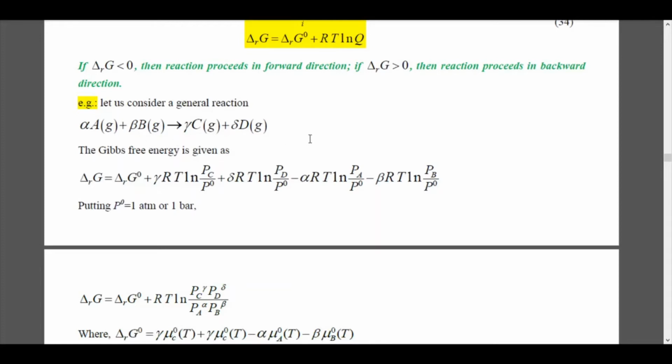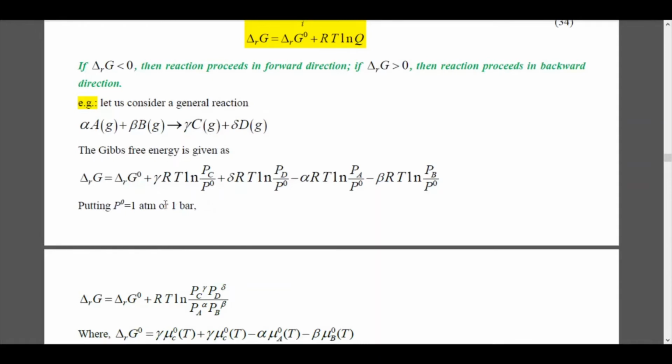All are in gaseous states. Now the stoichiometric coefficients of A is alpha, B is beta, C is gamma, and D is delta. So I can write reaction Gibbs energy is equal to reaction Gibbs energy at standard state plus, as these are all gaseous reactants and products, I can express their amounts in terms of their partial pressures.